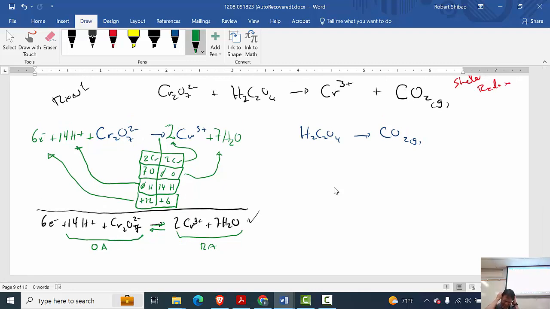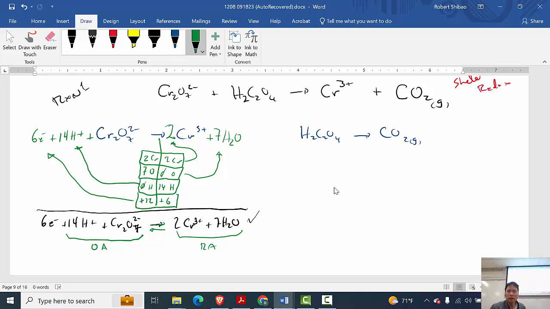Now, this half reaction is called a reduction half reaction, even though it's with the oxidizing agent. And the reason is because when the oxidizing agent reacts, it's reduced in the process. And so we go from chromium plus 6 to chromium plus 3. That's called reduction in terms of the electrons.